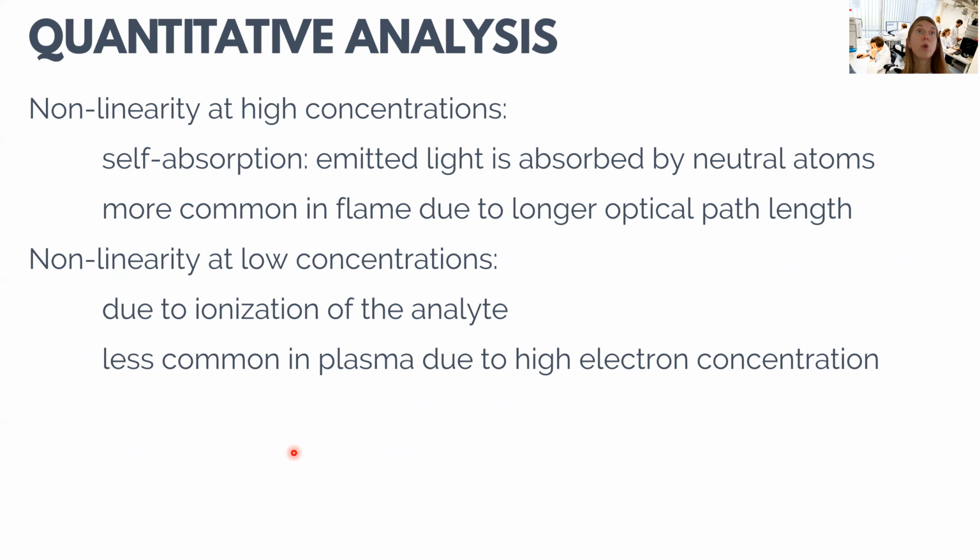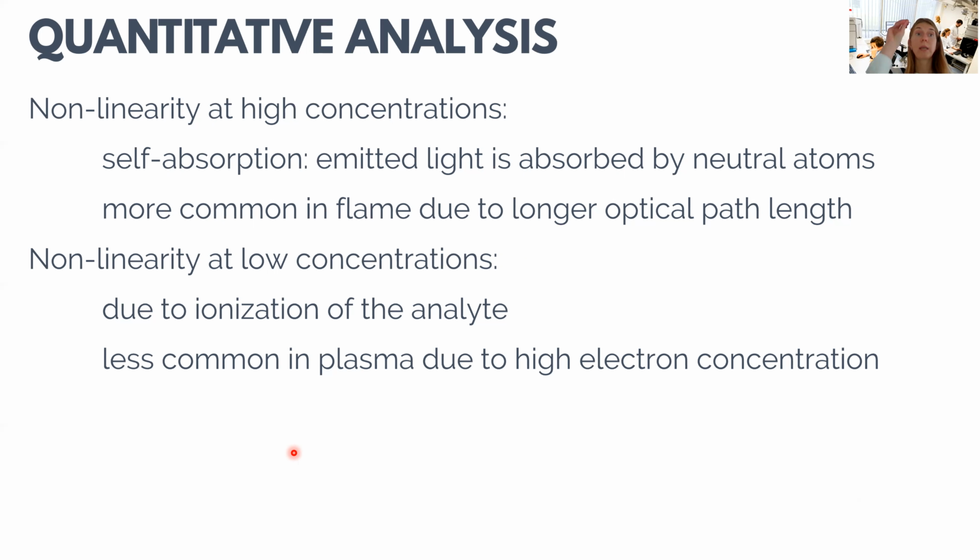atoms. And of course, we want to often perform quantitative analysis. And for this, linearity is very, very important. And we can have two kinds of interferences that cause deviation from this linearity. At higher concentrations, the problem is usually related to self-absorption. So this means that even at relatively high temperatures, we have the majority of the atoms in the ground state.